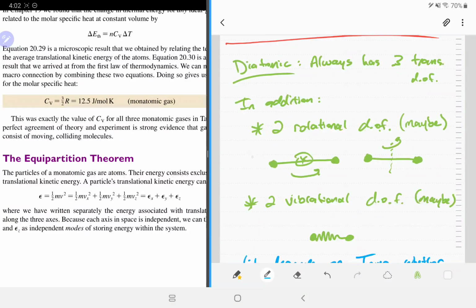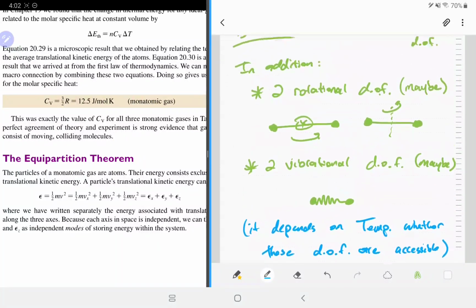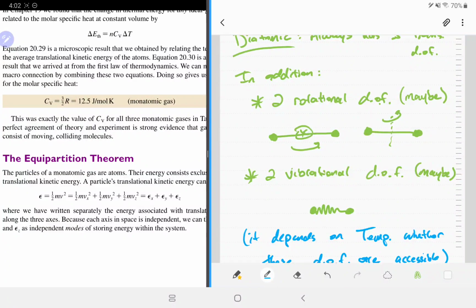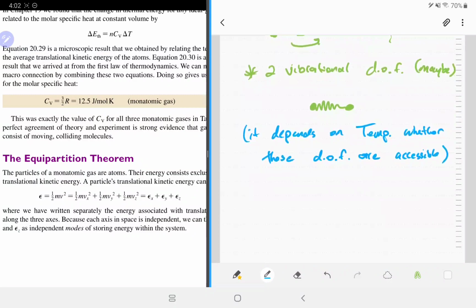Now the energy required to get this thing to start rotating, you might say, is the thermal energy from the neighbors of this molecule. So suppose you have a diatomic molecule here, and if it knocks into it, is that enough energy to get this thing to rotate? And that depends on the temperature. And that's exactly why it depends on the temperature whether these degrees of freedom are accessible.